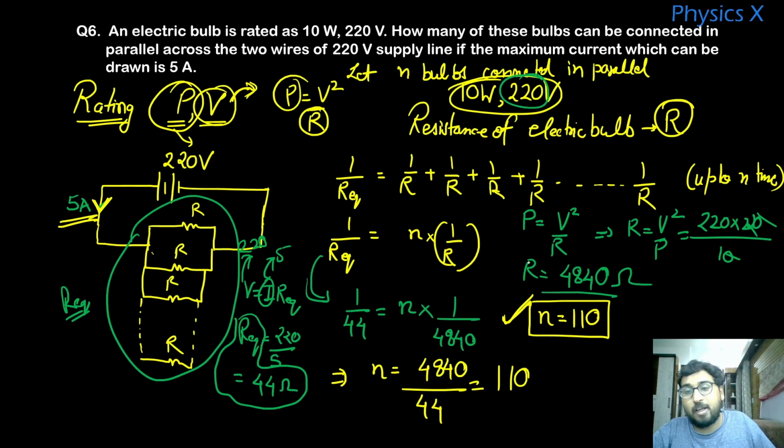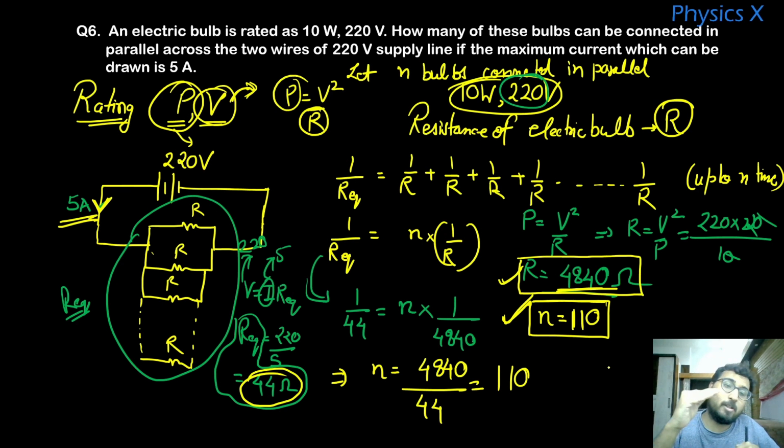So you can see that the rated resistance of this bulb is very high. And when 110 of them with this 4840 are connected in parallel, the resistance reduces to only 44 ohms. So that is what I was telling, that when the number of parallel combinations keeps on increasing, the equivalent resistance will go down, right? So this is how you solve.